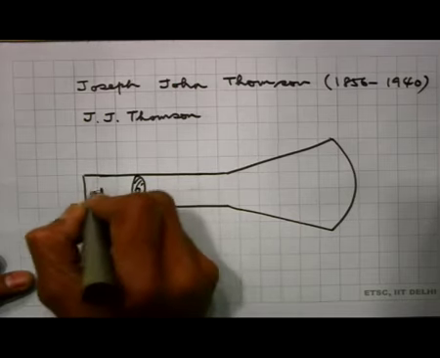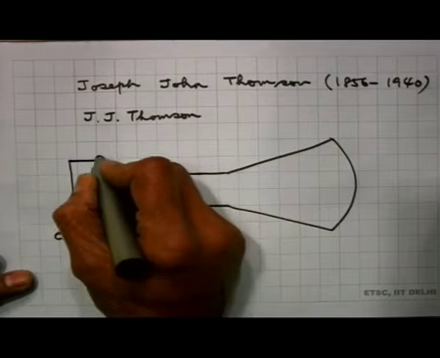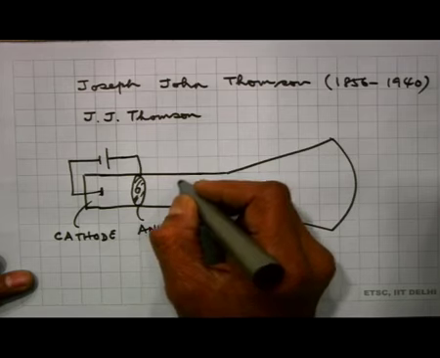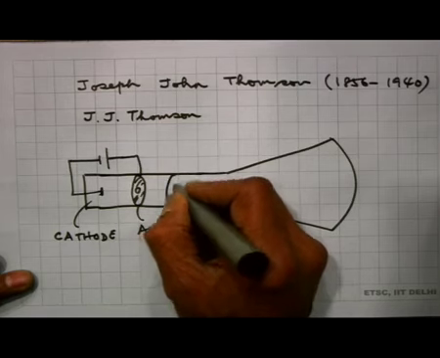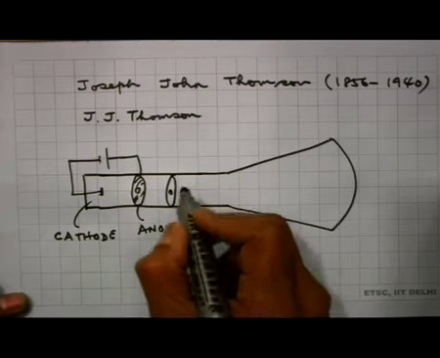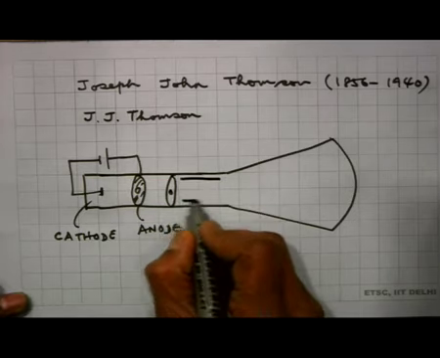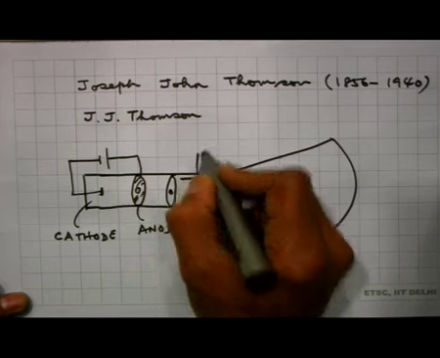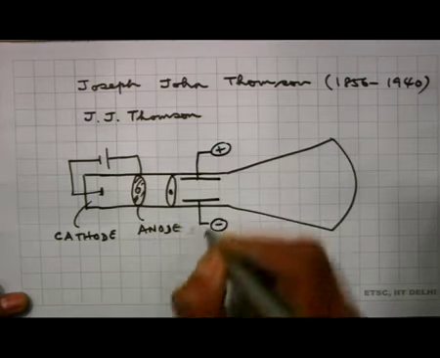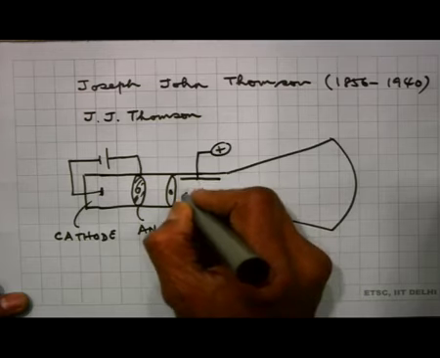Between these two, we apply a potential difference. And then you have another aperture here, and here I have a pair of plates in which I apply a positive voltage here and negative voltage here, and there is also a magnetic field into the plane of the paper here.